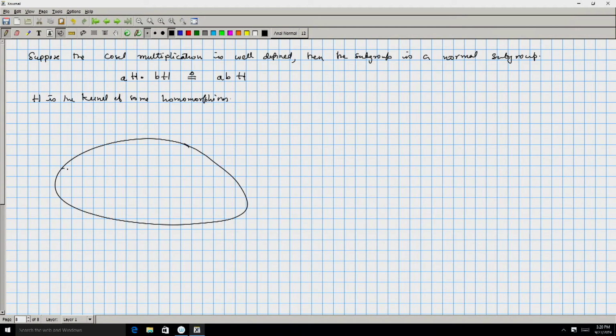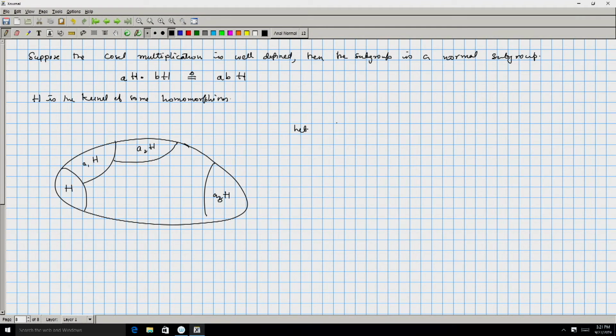Okay. So, here we have a group and this is a subgroup, and this subgroup gives rise to various cosets. Let me call them a1H, a2H and so on. Okay. So, now let me just consider the collection of these cosets.